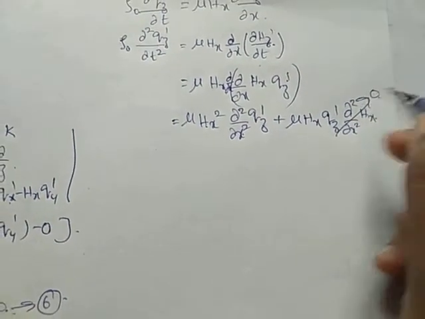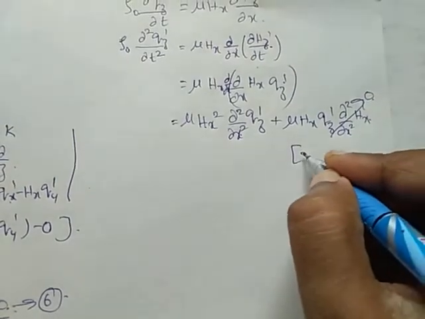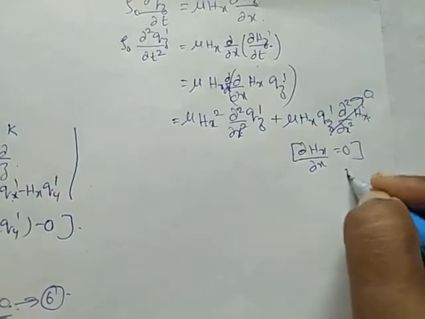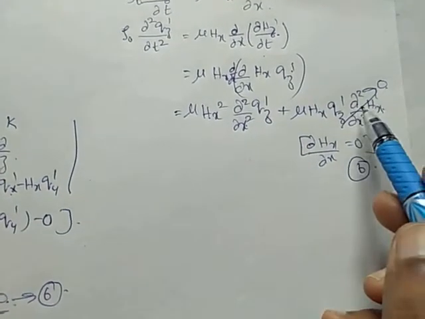Differentiation of this is 0 because ∂Hx/∂x is 0, our equation 6. So this becomes 0.